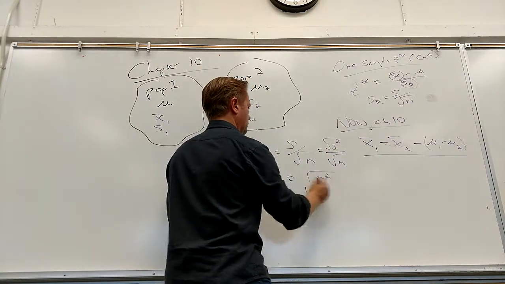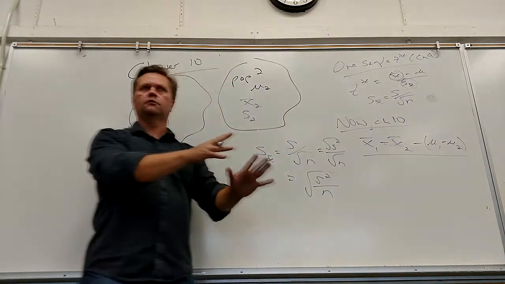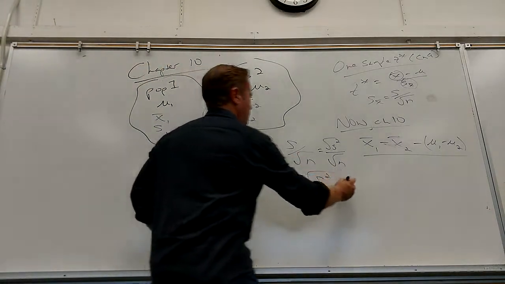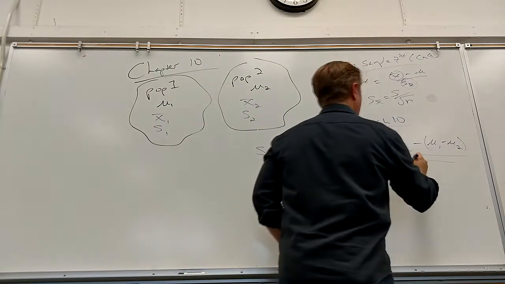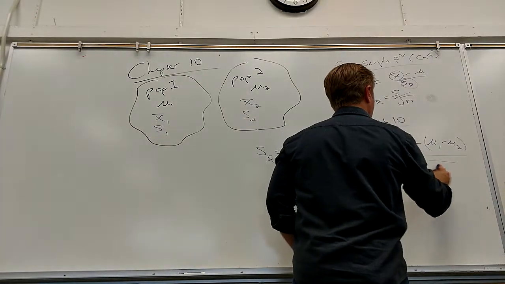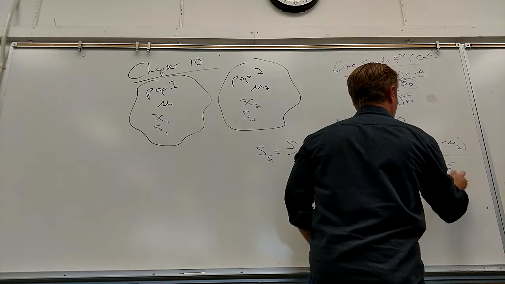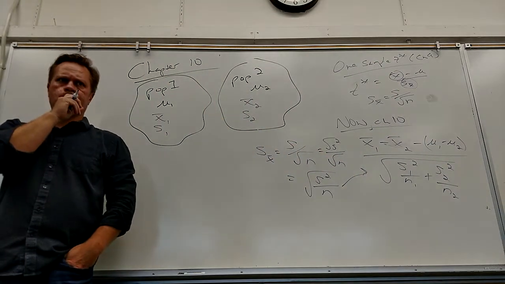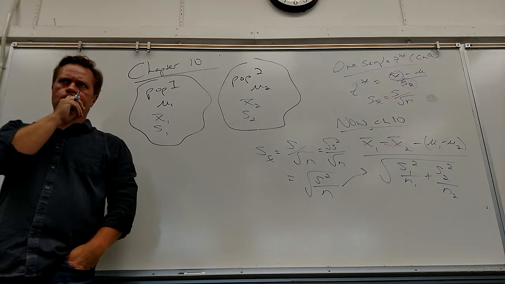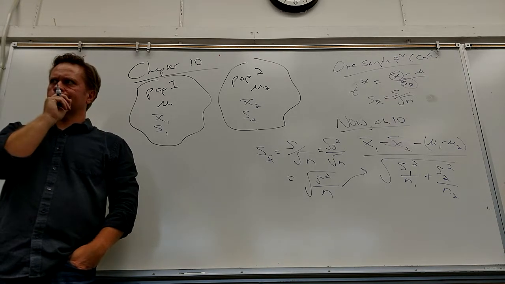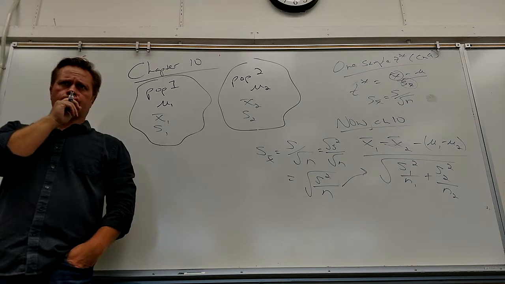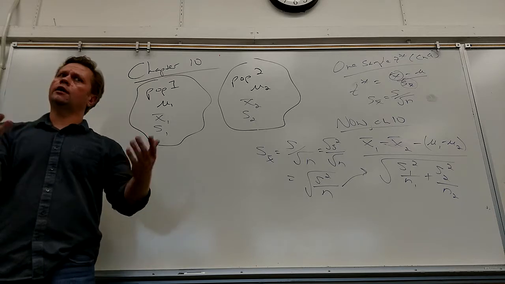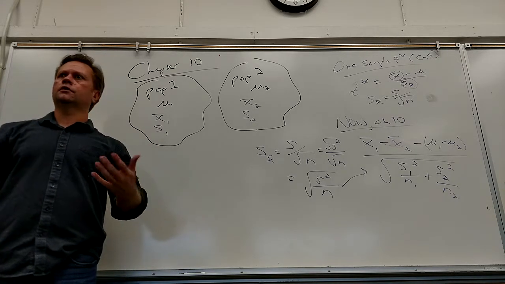Now I can make one big square root of s squared over n, so everything's in there. So now this is going to be step 4's Z star.